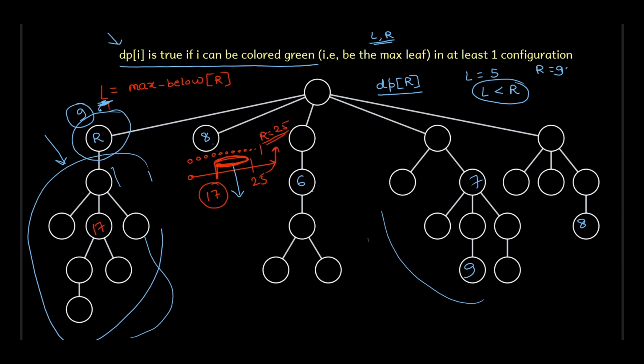So since dp of R only depends on the values on its left-hand side, if you just populate dp from left to right, it will keep taking contributions from all across the tree and you don't actually have to do the traversal at all. And that's it. With that you are able to compute the dp value and solve the problem.